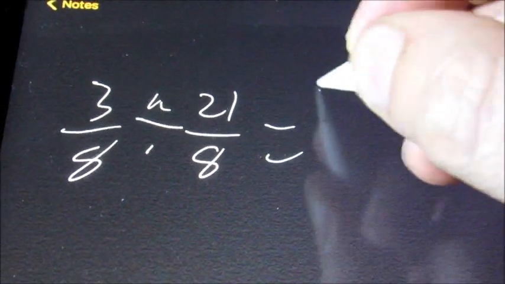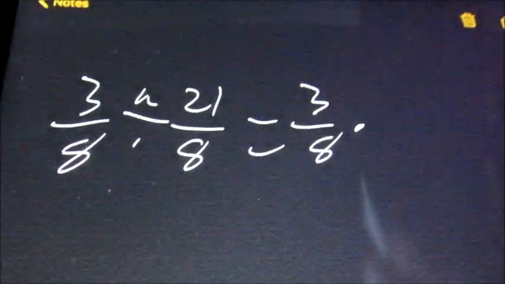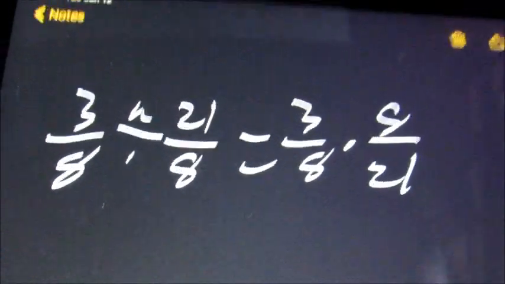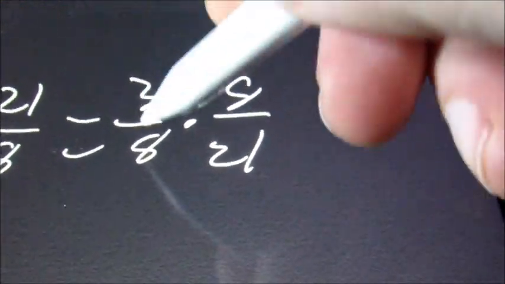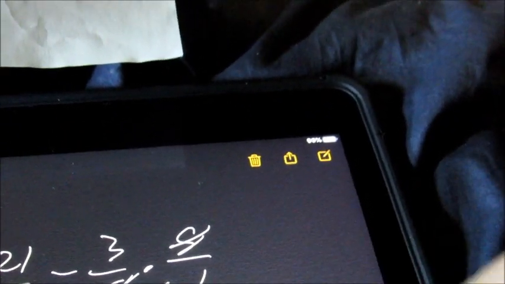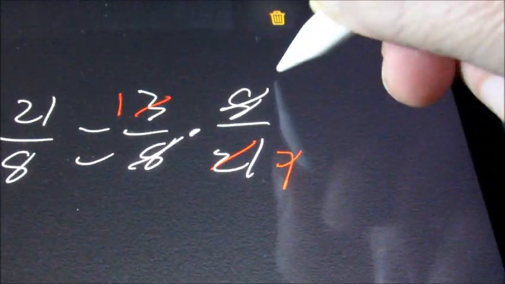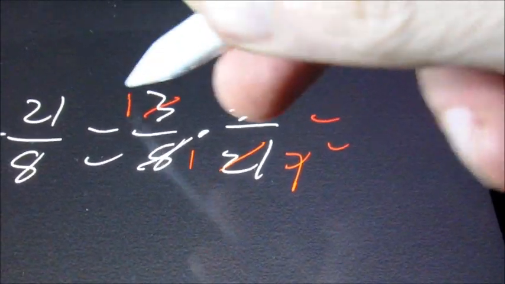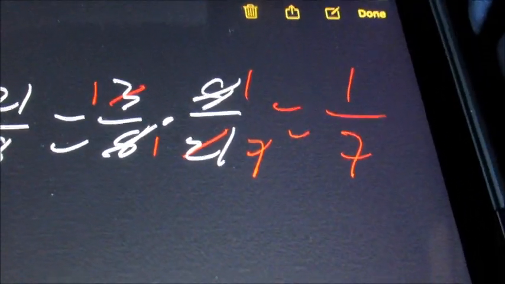So this now is going to become 3 over 8, and then times, flip the second one, 8 over 21. Now we can do like we did before. We have an 8 divided by 8, so that's just going to be 1. And we can divide the 3 and the 21 both by 3. So this will become a 1. This will become a 7. And we're going to have 1 times 1 is 1 over 1 times 7 is 7.